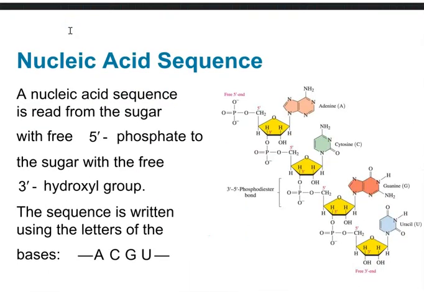Now, that means you have a sequence of nucleotides in the DNA, and they all are oriented in the same way. Does that make sense to you? Yes? Okay.